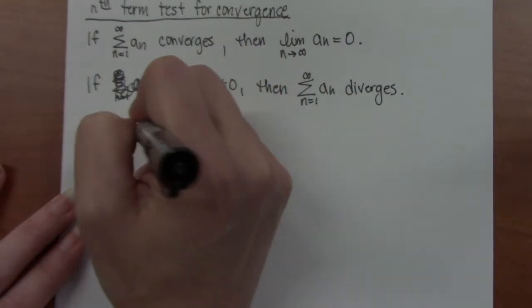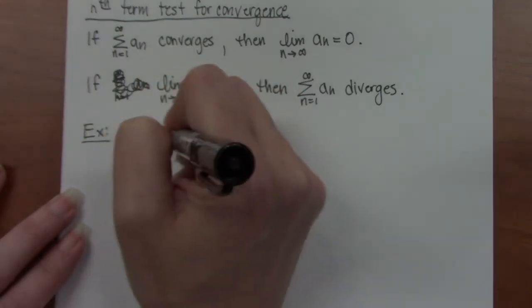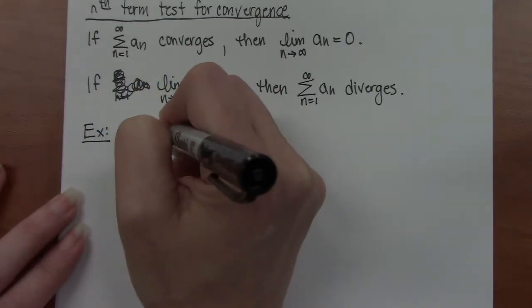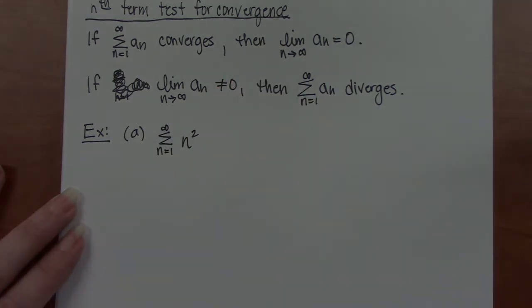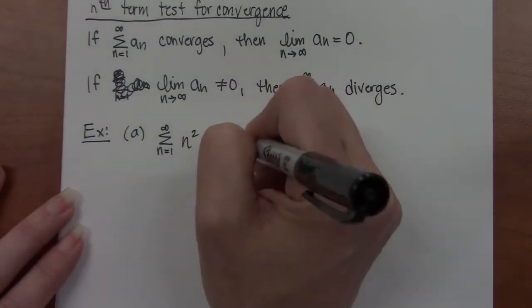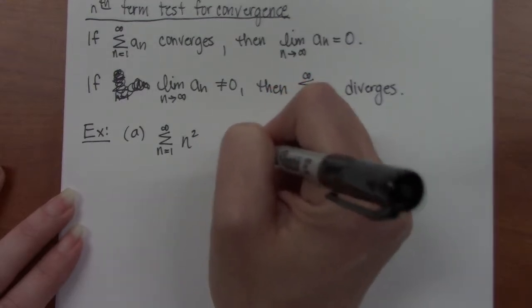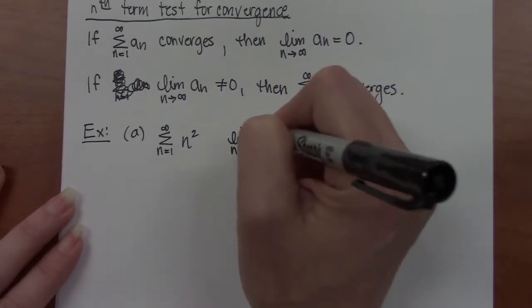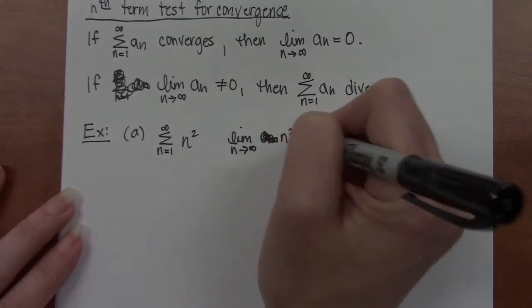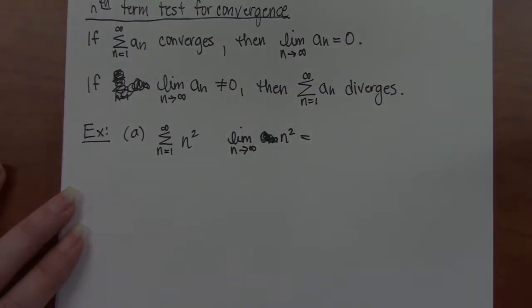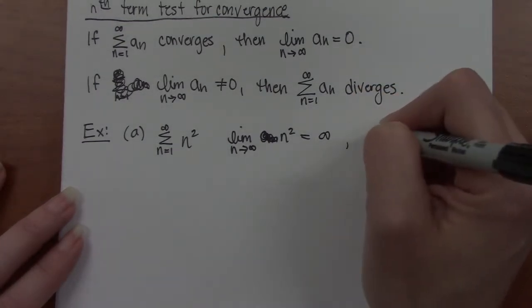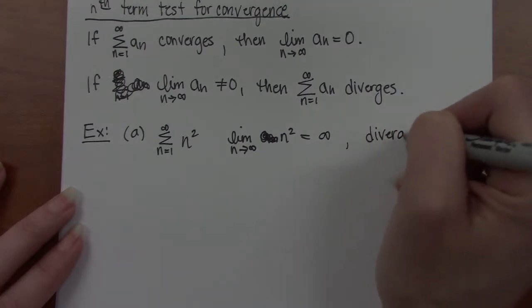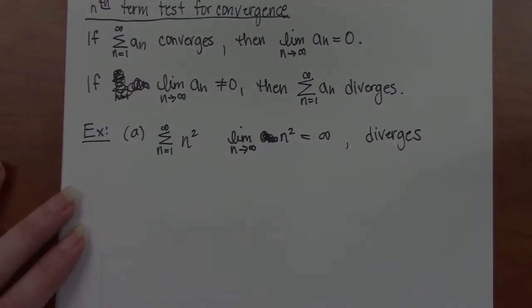So if we look at the series from 1 to infinity of n squared. And you have to at least write the limit. You can't just, like, skip the justification. So at the minimum, we say, well, the limit of this is clearly infinity. So the series diverges. So we don't even have to go any further.